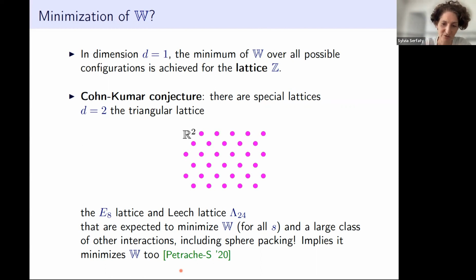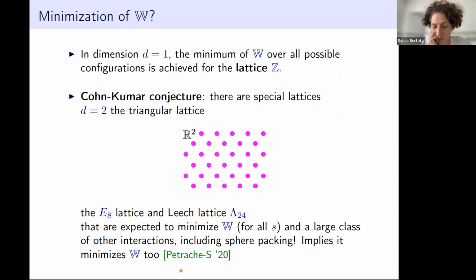In dimension 2, it's the triangular lattice that we have seen as the Abrikosov lattice in superconductors. In dimension 8, the E8 lattice, and in dimension 24, the Leech lattice, that have this universally minimizing property: they should minimize for a broad class of interaction energies. It goes from sphere packing to smooth interaction energies.